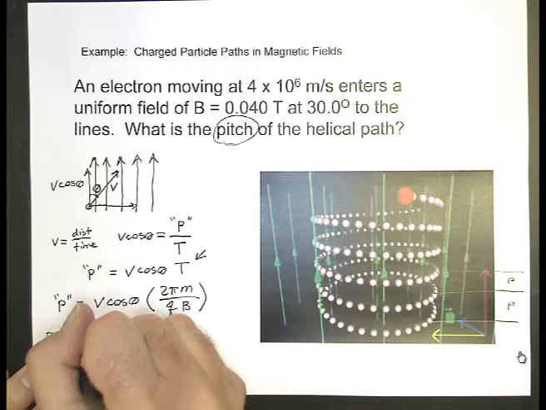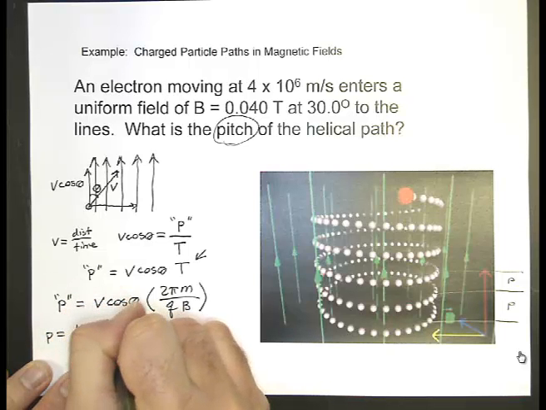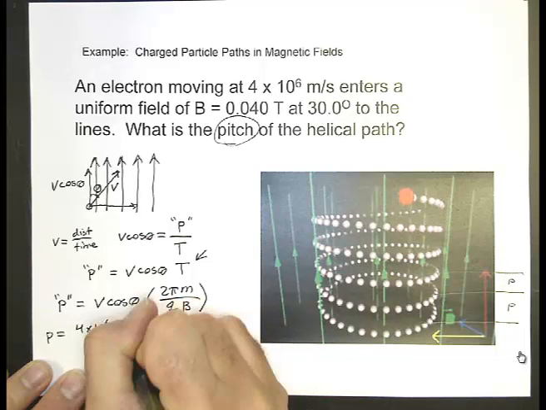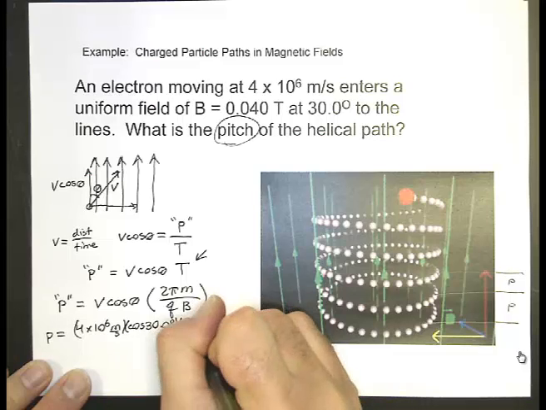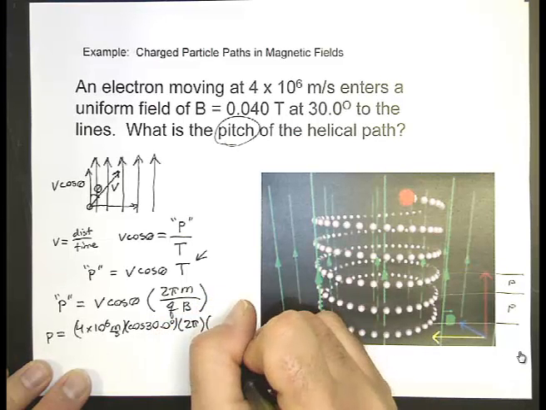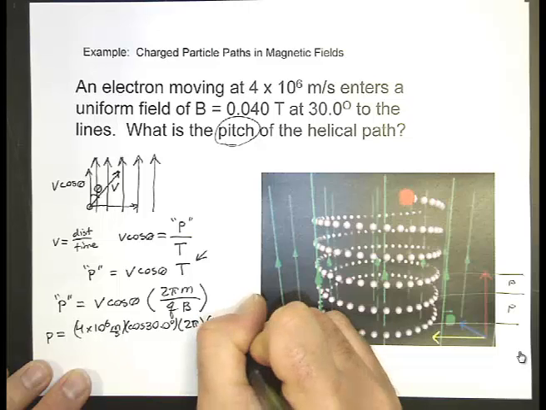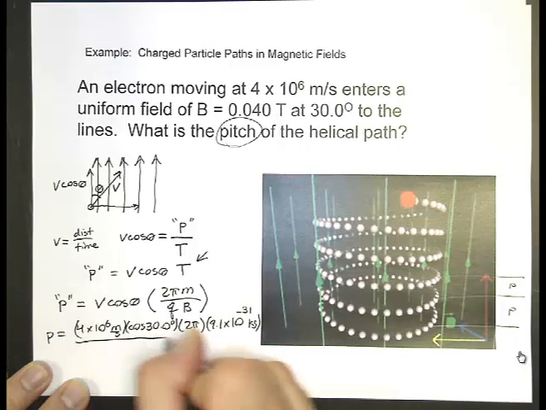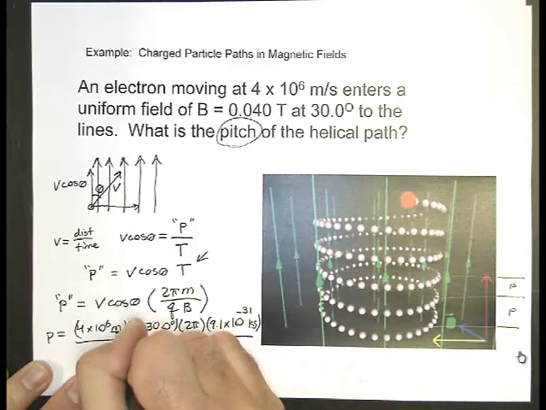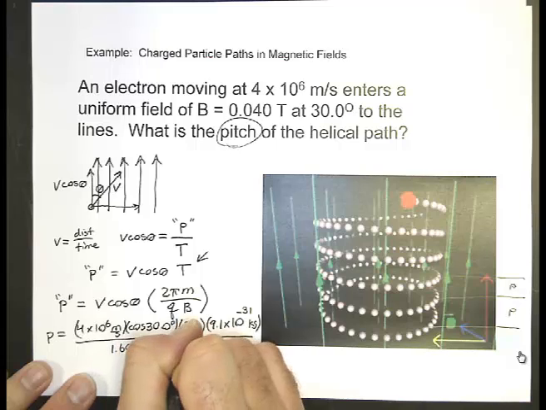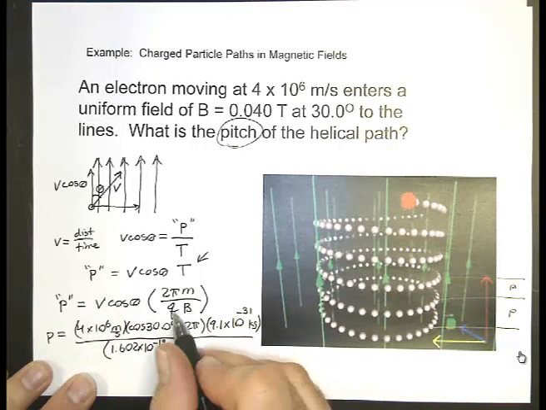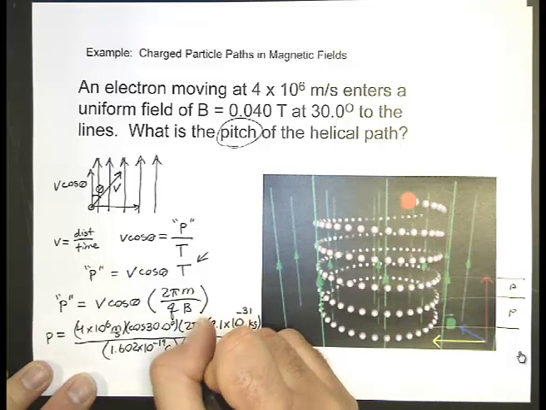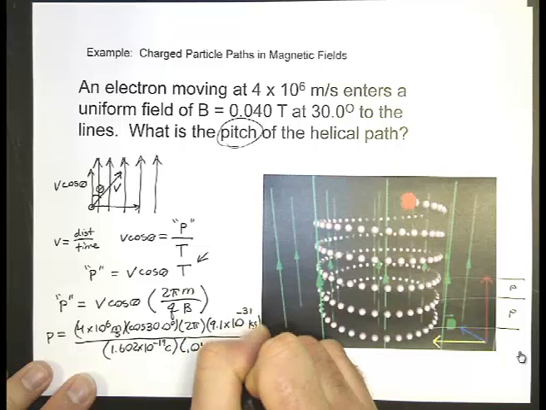So velocity, 4 times 10 to the 6 meters per second, times the cosine of 30 degrees, times 2 pi, times the mass of an electron, which is 9.1 times 10 to the negative 31 kilograms, divided by qB. q, of course, is 1.602 times 10 to the negative 19 coulombs. We've already taken into account the fact that it's negative, but that's okay. And then, of course, the B field is given as 0.040 teslas.